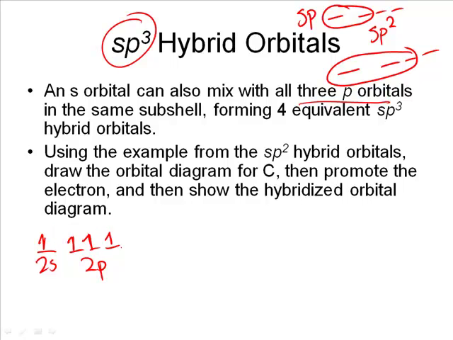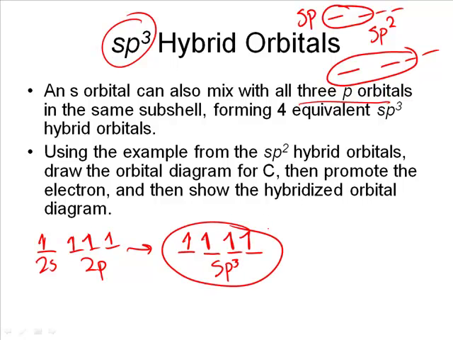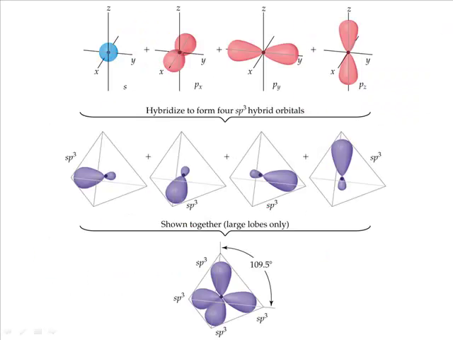Once that promotes, then they hybridize together, and you get an s with three p's, so you get sp3 hybridization. Carbon can form four bonds. All of those bonds would be equivalent bonds, and that certainly helps us understand how something like carbon does form four bonds that are all equivalent to each other.